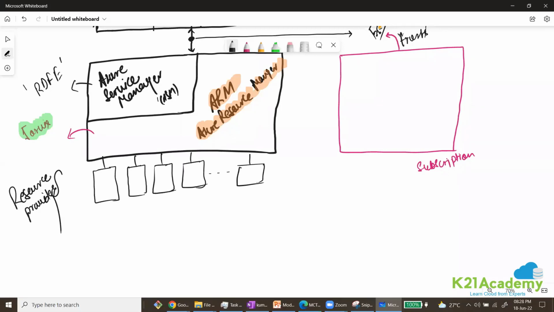The Resource Manager ARM portal will be connected to resource providers, or you can also call them Azure resource providers.